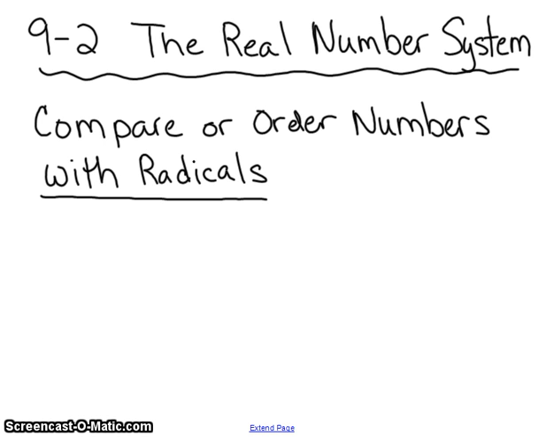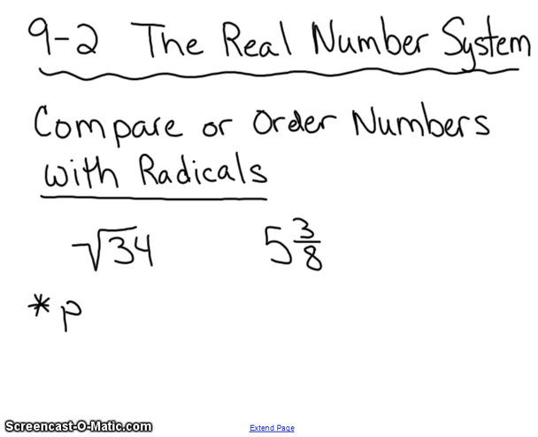For example, we might be asked to compare the square root of 34 to 5 3/8. To do this, we want to put numbers in the same form. And the easiest form to use here is decimals.